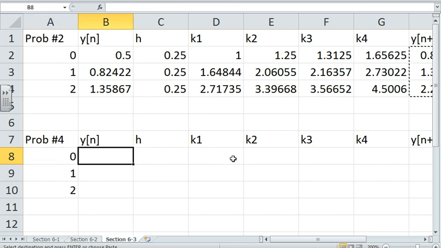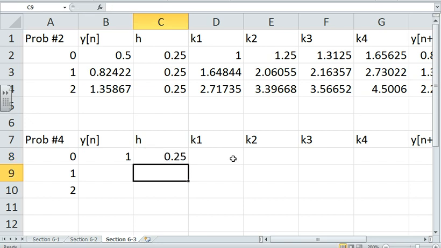Okay, so what's problem number 4? y prime is equal to x minus y. Okay, so I've got that down. Initial condition is 1. And we're doing 0.25 for our steps.